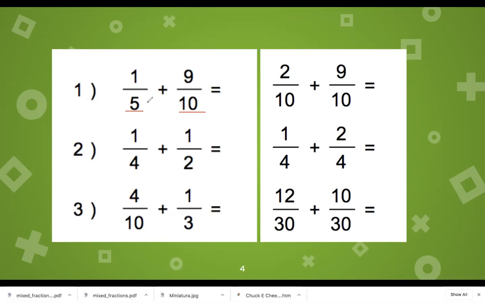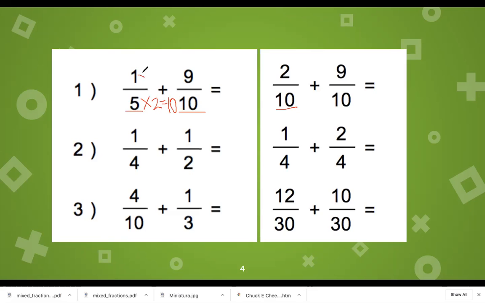times 1 is 10. But we can't just change the denominator over here to 10 without doing something to the numerator first. So what I always ask myself is, what did I do to 5 to get 10? The answer is I multiplied it by 2. And so whatever I do to the denominator, I have to do to the numerator.